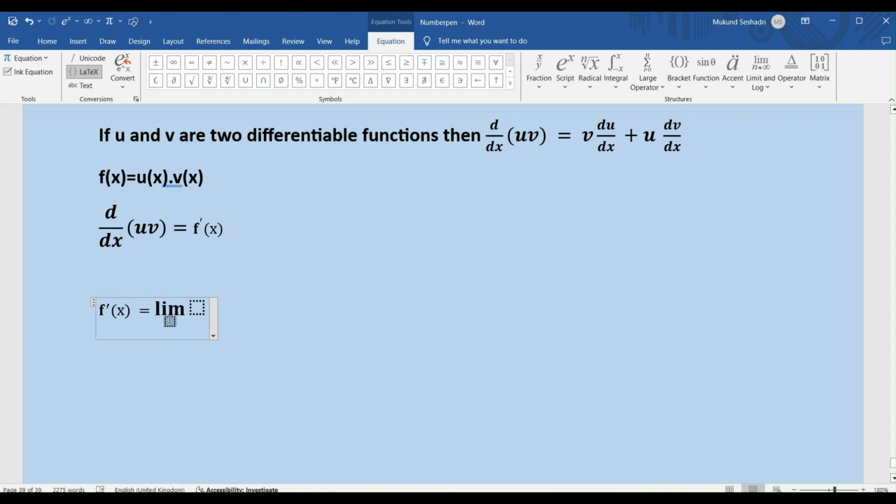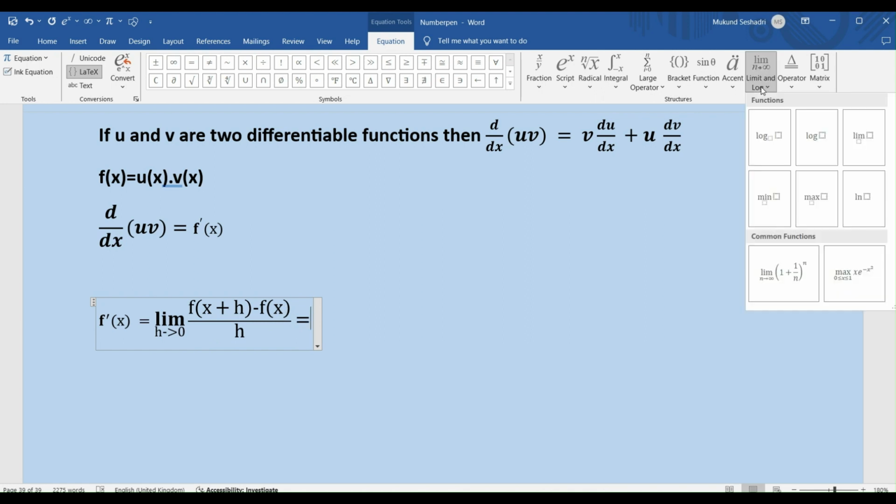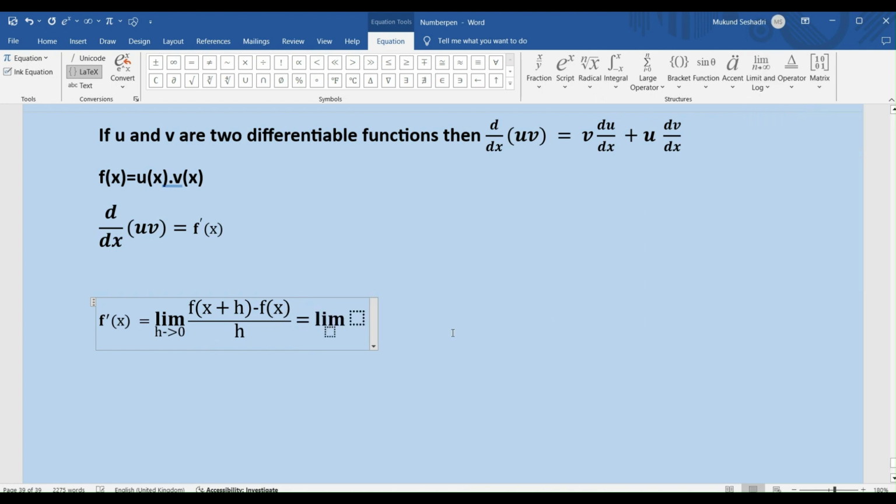My f dashed of x is equal to limit h tending to 0, and I have my f of x plus h in the numerator minus f of x divided by h, right? And what is my f of x plus h?